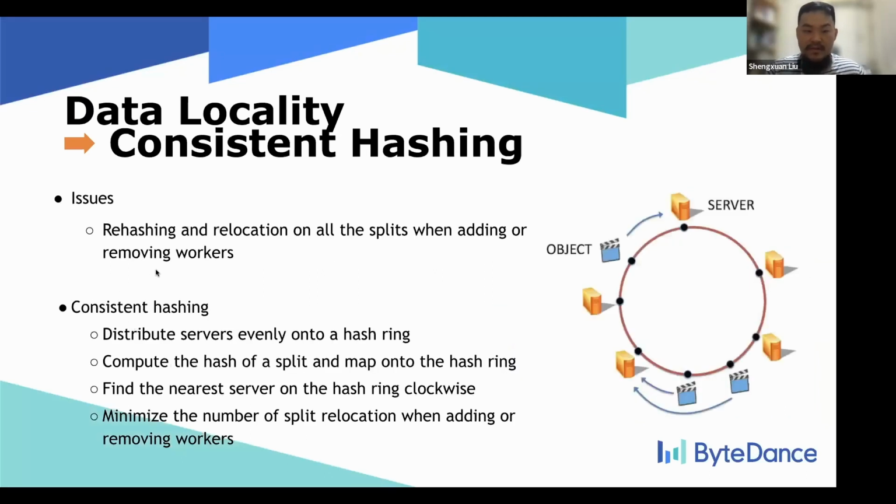Now I would like to talk about another strategy, consistent hashing. As I just described, the soft affinity uses hashing of the split metadata to determine the target worker for the local cache storage. But the second challenge is what if we need to add or remove workers?